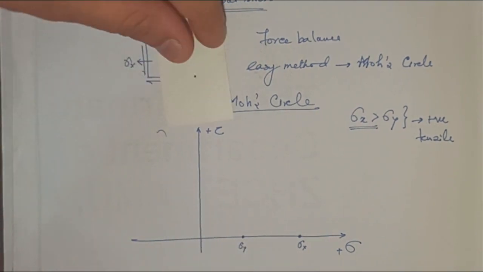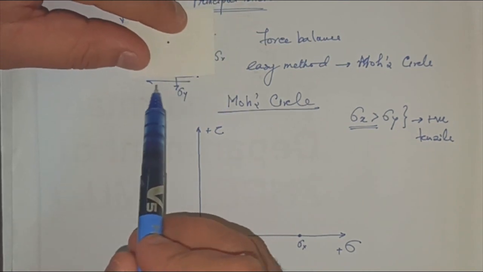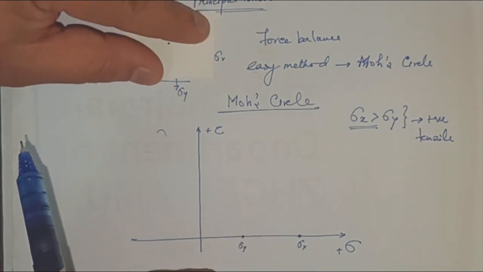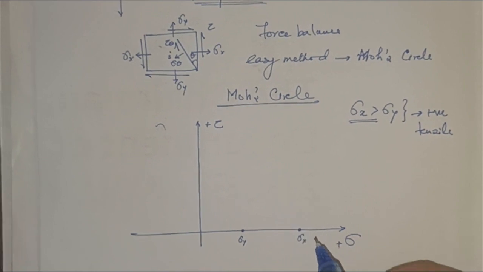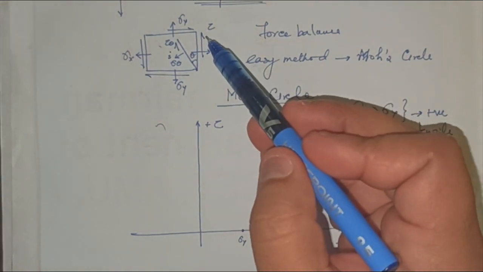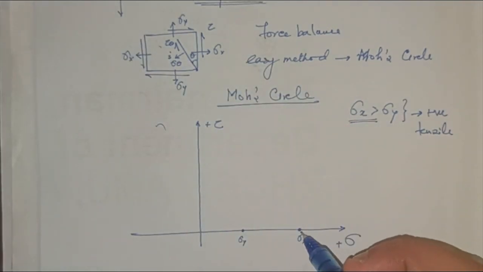And if any shear tries to rotate the body in a clockwise direction, then we consider it to be negative. So let's say this tau is trying to rotate in an anti-clockwise direction, so this will be positive.